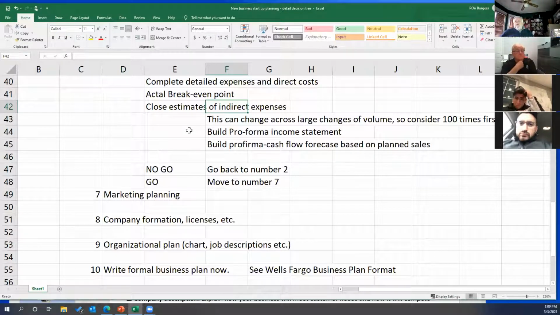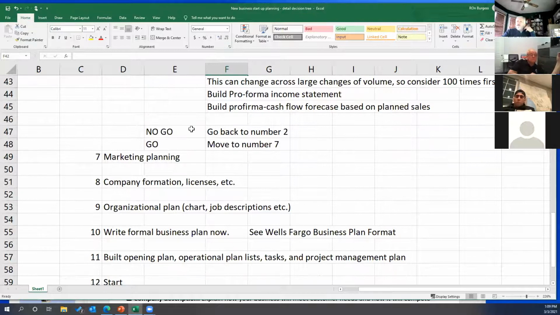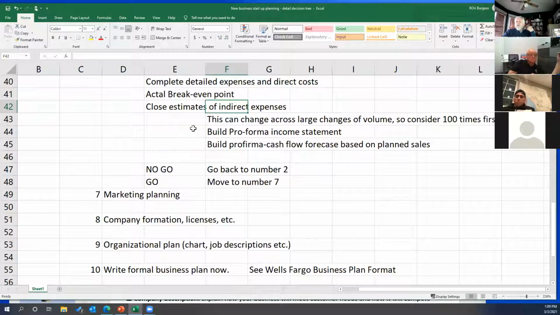So you might want to take a look at big changes in volume. Okay, you hope you can get 10 stores, and so you take a look at that. But what about 100 stores? What does that look like? Because your ultimate goal is to grow a little bit bigger, or maybe you want to grow a little bit bigger.